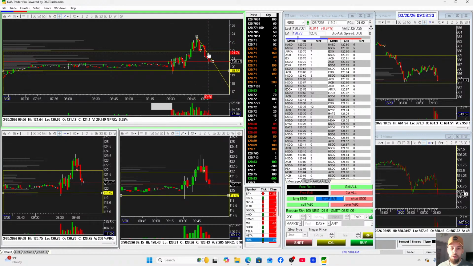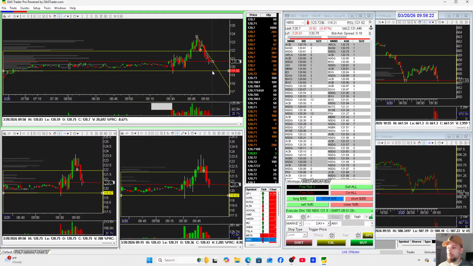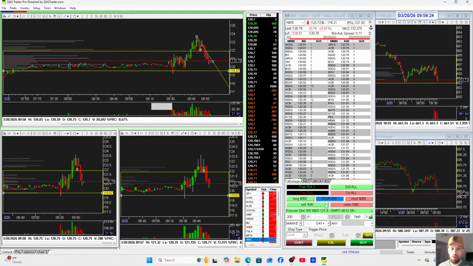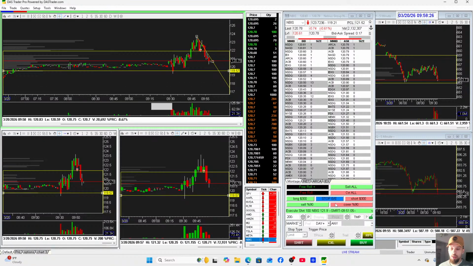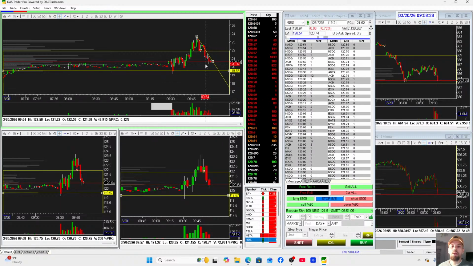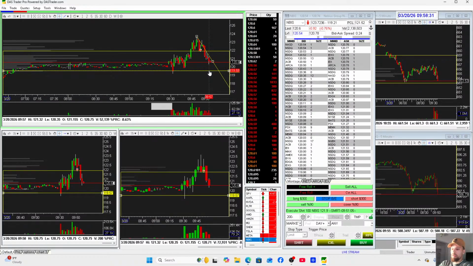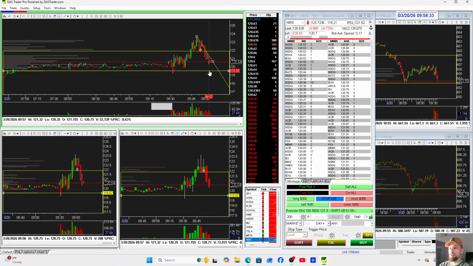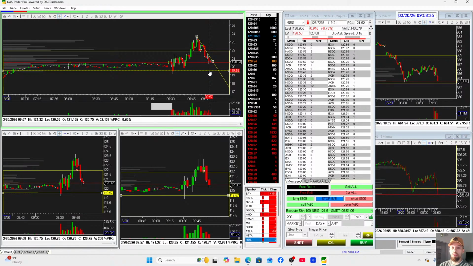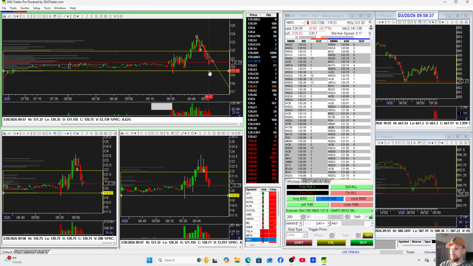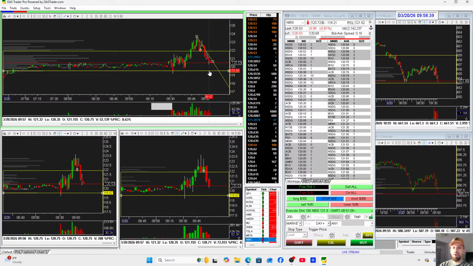If things move down really fast here, I'll probably liquidate my position. So far moving in my favor. Qs have lost that double bottom so far. SPY's testing that double bottom right now.